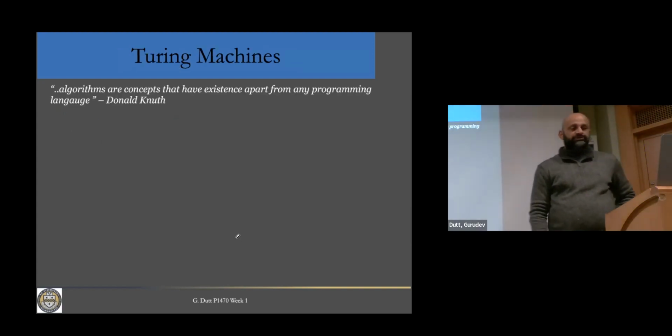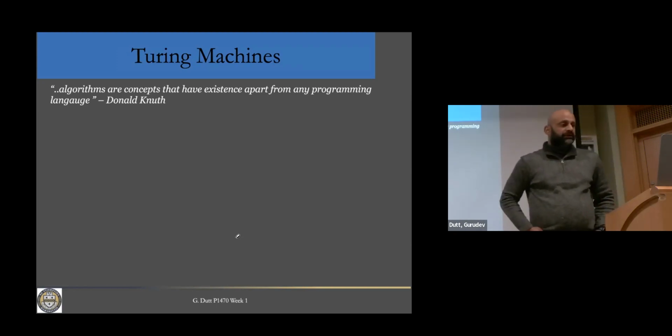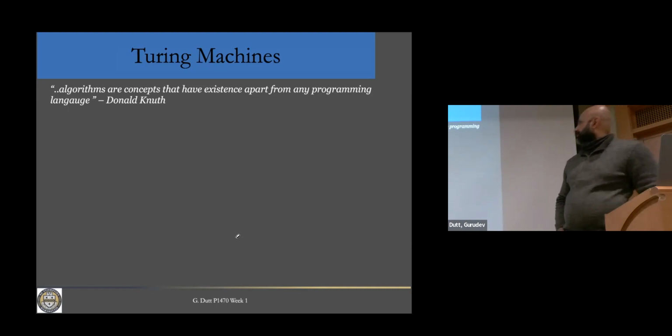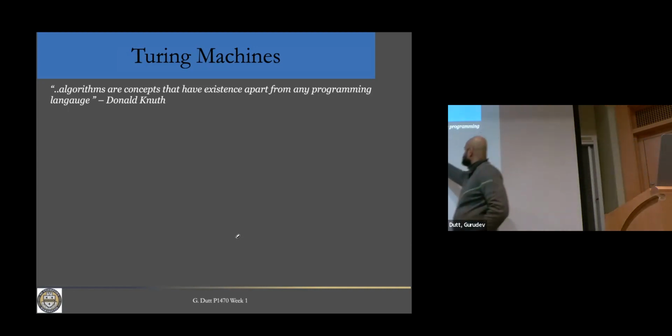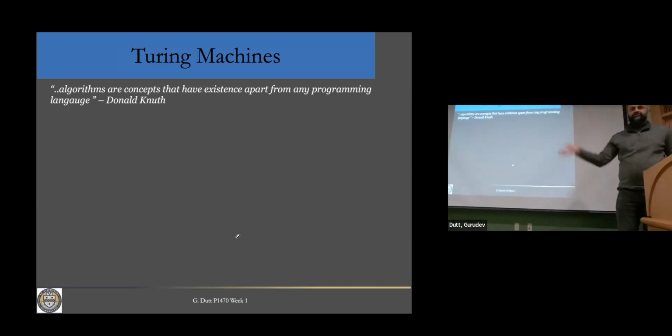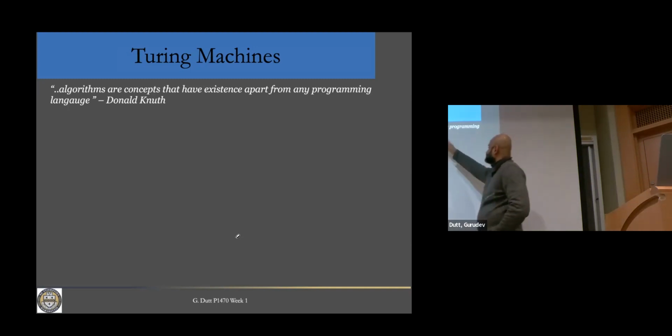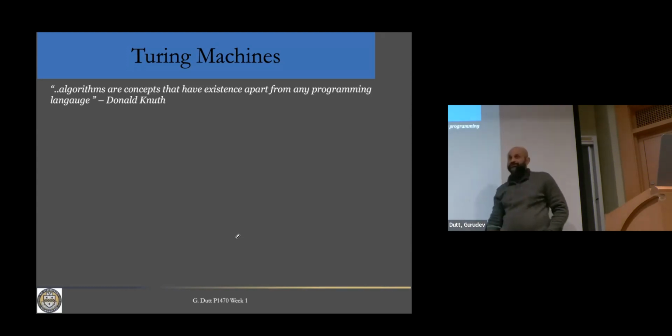I now want to introduce the concept of a Turing machine. Okay. So there's a powerful quote by one of the famous people in computer science who wrote a famous book about algorithms. His statement is, algorithms are concepts that have existence apart from any programming language.